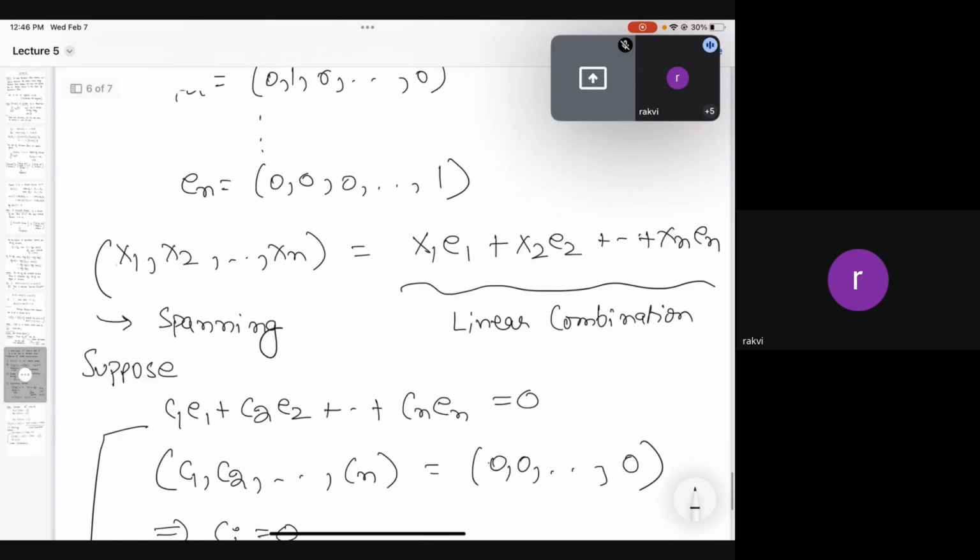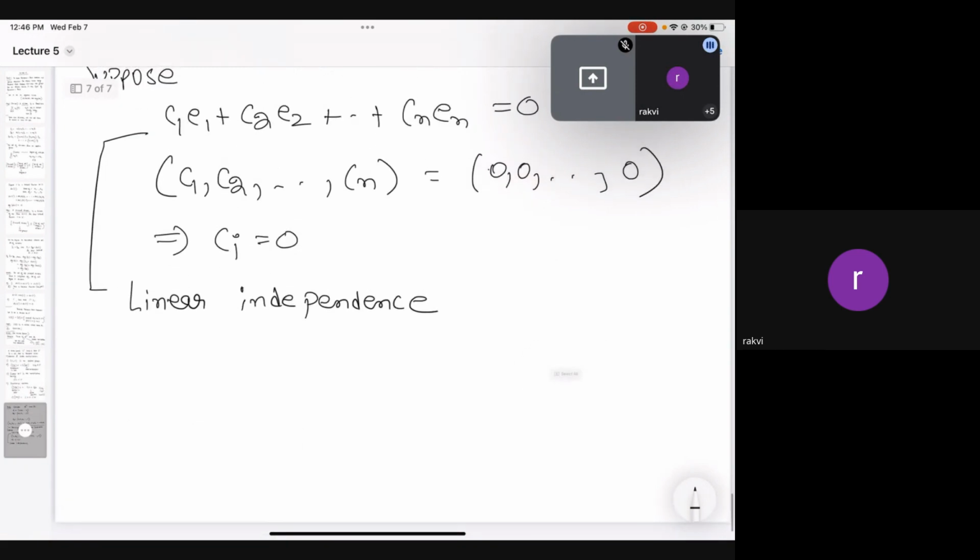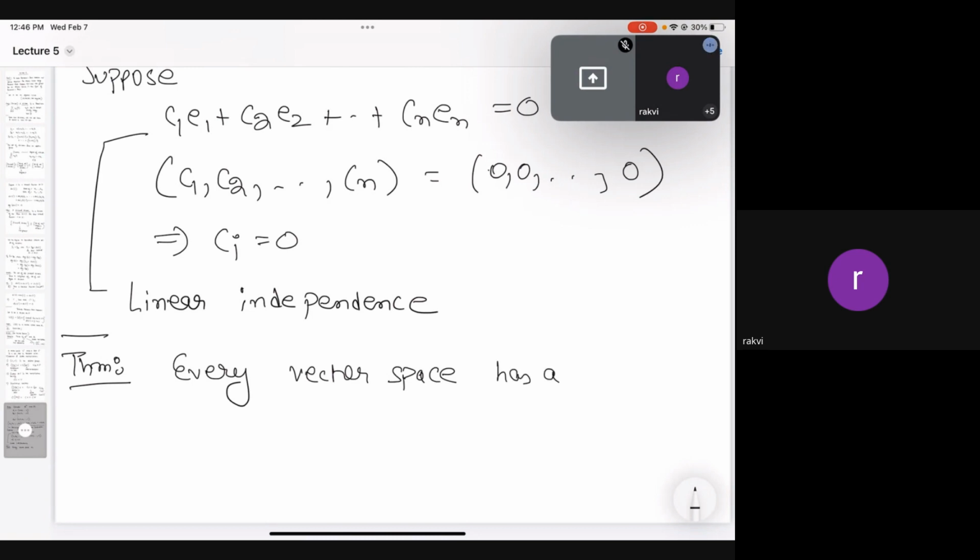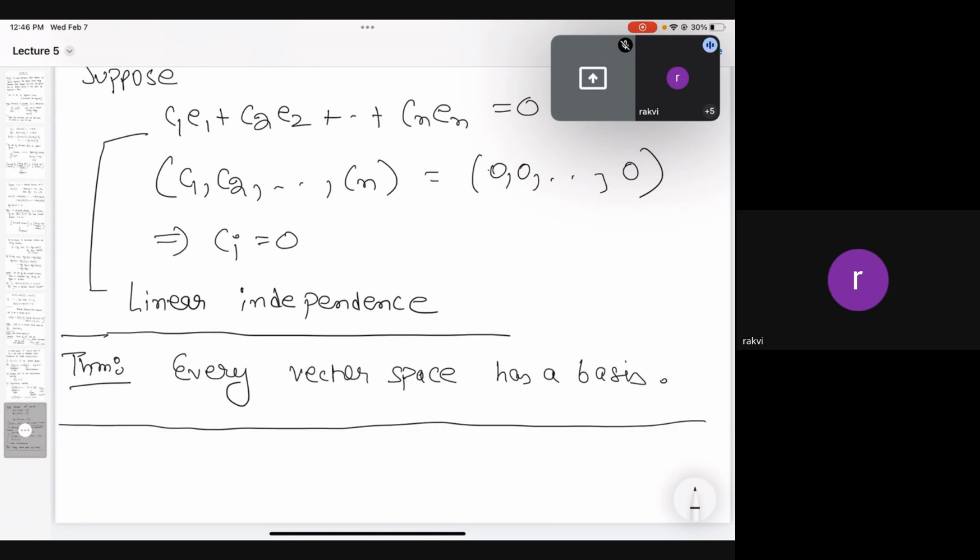So every vector space has a basis, right? This is a non-trivial theorem that every vector space has a basis. I don't want to prove this right now because it needs a bit of set theory and Zorn's lemma and everything.